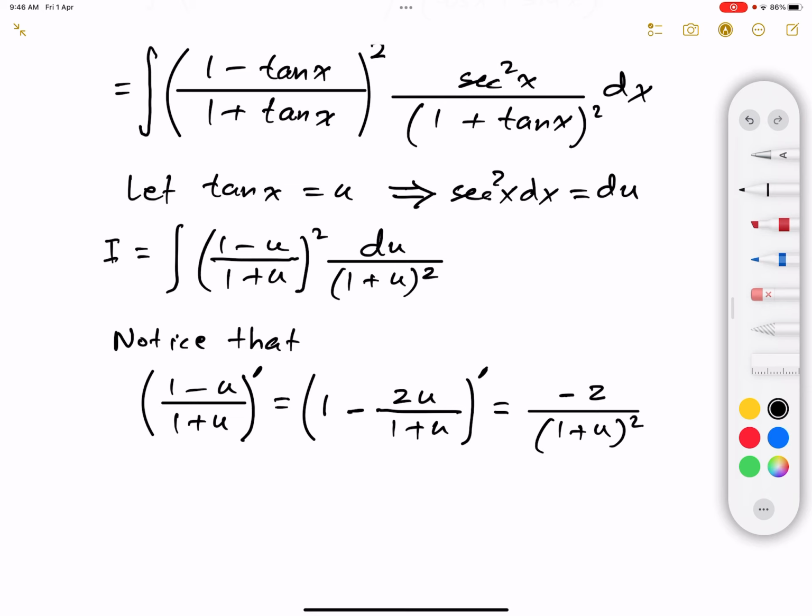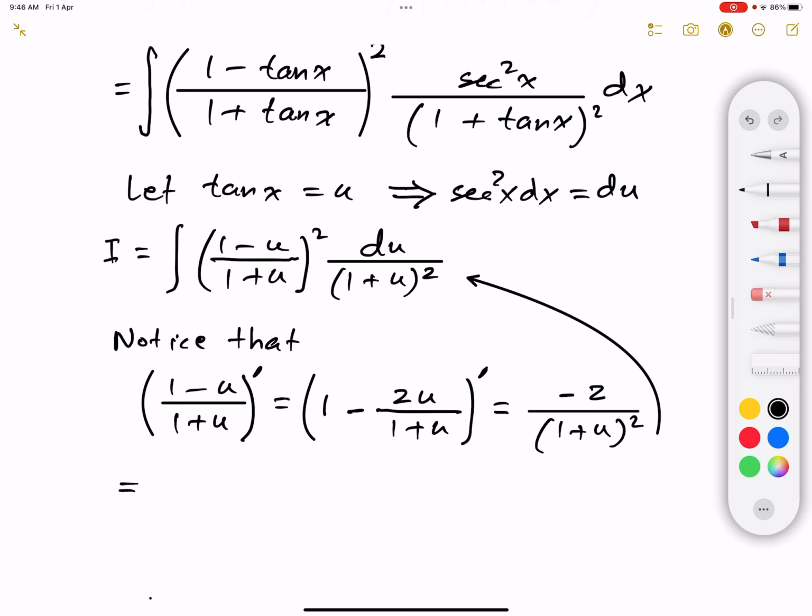Now, if we look at the other term here, it is basically exactly the same, but we're missing a factor of minus 2. So we're going to multiply by minus 2 and divide by minus 2, and that would solve the whole integral.